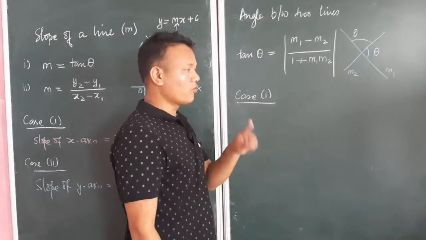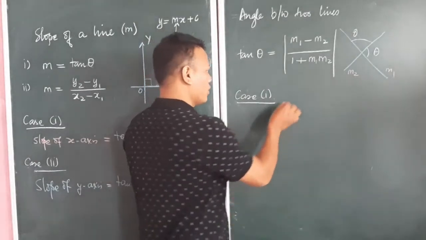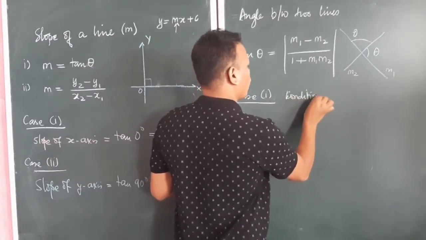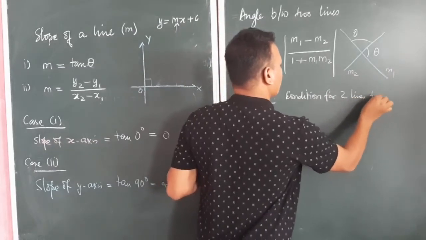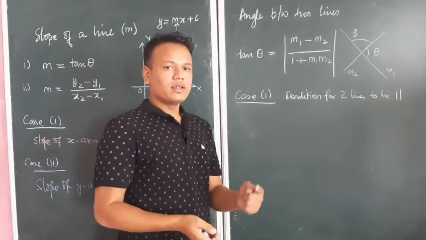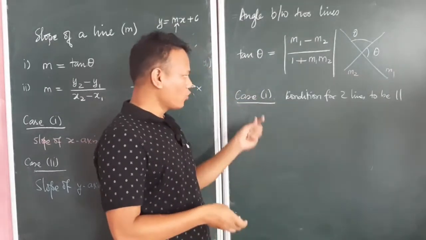So I am going to find the condition for two lines to be parallel. This means, when will the two lines be parallel? That's what I am going to find here.